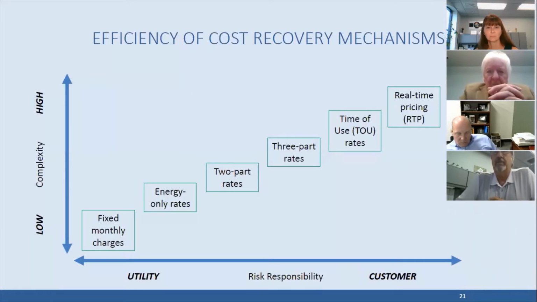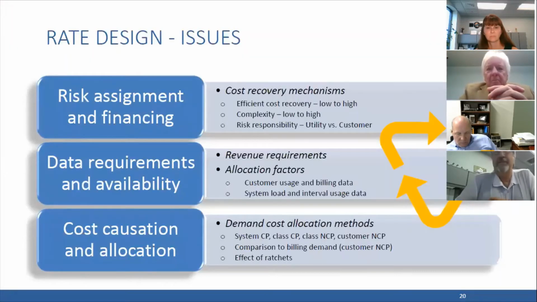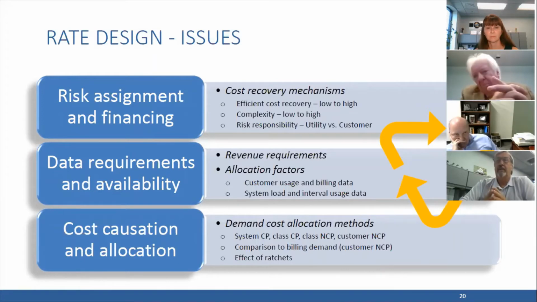And the third issue is causation and allocation, and again here we want to make sure that we allocate the costs to the customer classes in proportion to how those customers contribute to the costs. And so we'll be talking about this CP and NCP and how that relates to billing demands, for example.